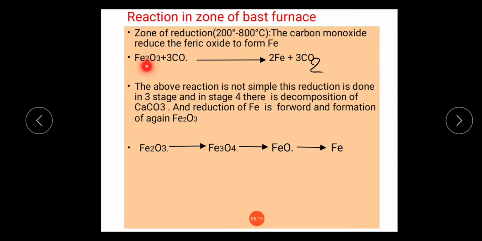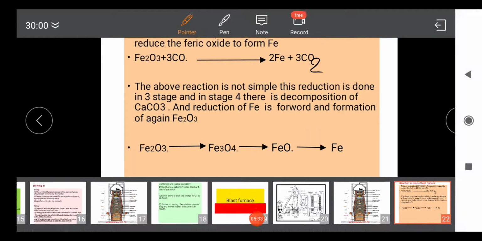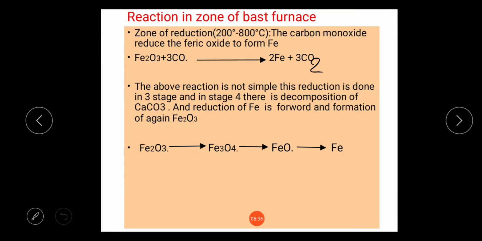The reduction of ferric oxide is not simple, so this reaction is done in 3 steps. First step is Fe2O3 is converted into Fe3O4 after reacting with carbon monoxide.